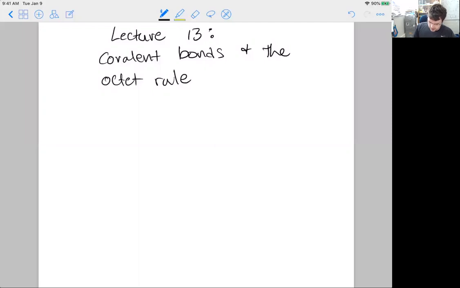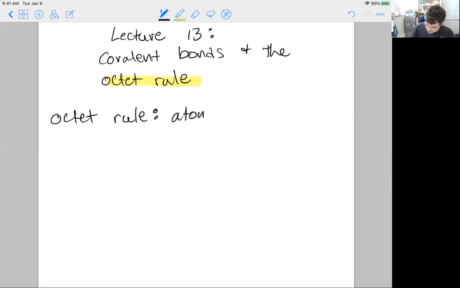To understand covalent bonds, we want to start with an important concept called the octet rule. In the octet rule, what we notice is that elements will gain, lose, or share electrons to get the same electron configuration as that of a noble element.